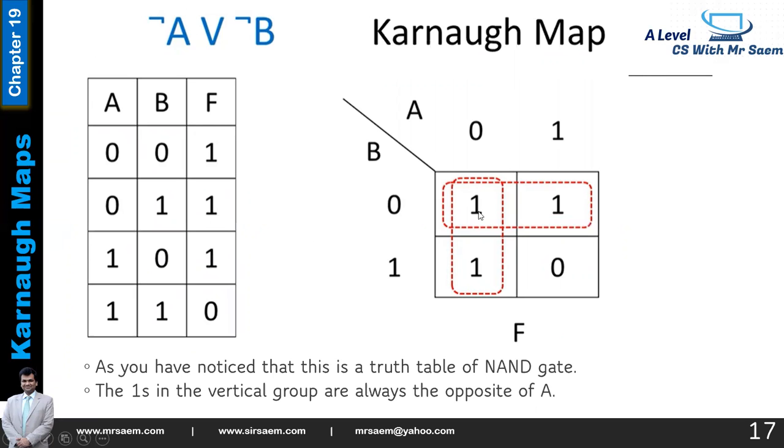And you can see the ones in the vertical group are always the opposite of A. What I mean by that is, the ones over here are always the opposite of A. And in the horizontal, the ones over here are always the opposite of B. So in horizontal, the ones are opposite of B, and in vertical, the ones are the opposite of A. So obviously, since we are talking about the opposite and the opposite, we have A inverse or B inverse. So the expression for this will be A inverse or B inverse.